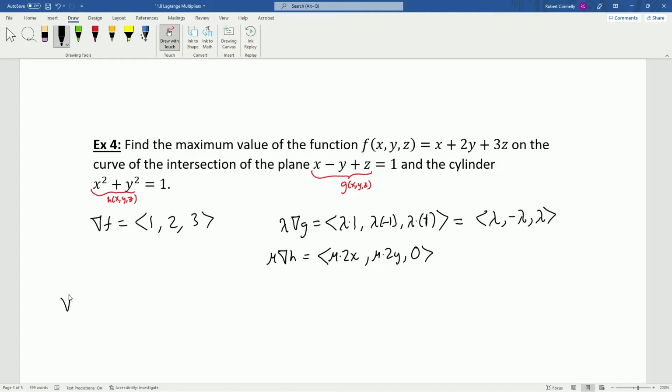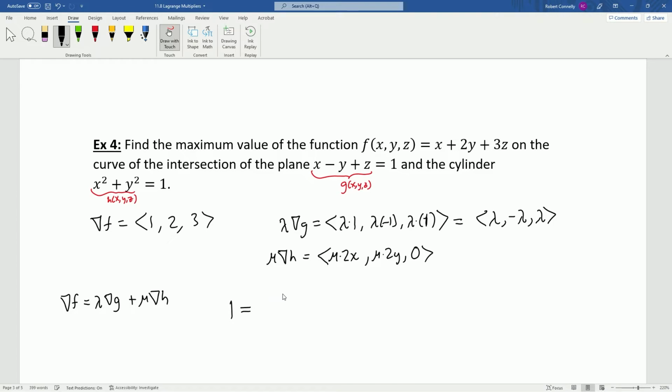So if I set up my equation, the gradient of f equals lambda times the gradient of g plus mu times the gradient of h, then that means that my components for f should be equal to the sum of the corresponding components for lambda g and mu h. So our system should look like this.